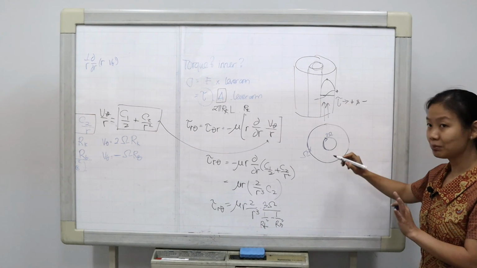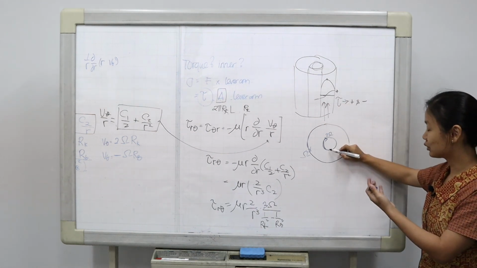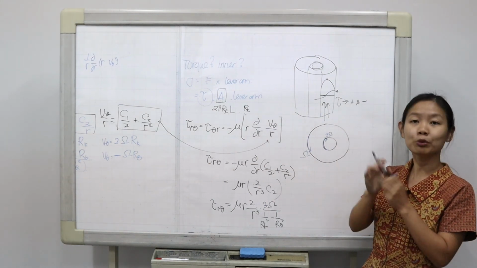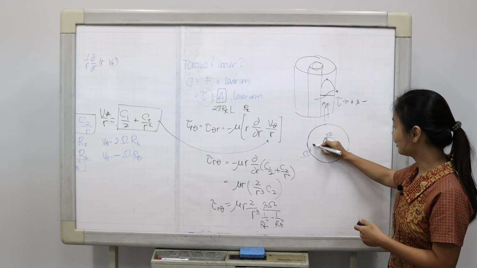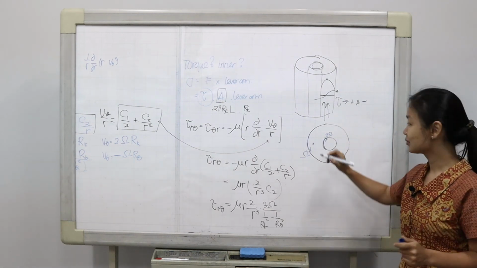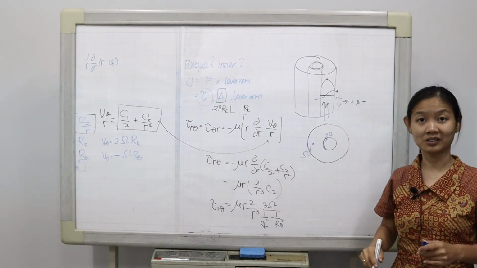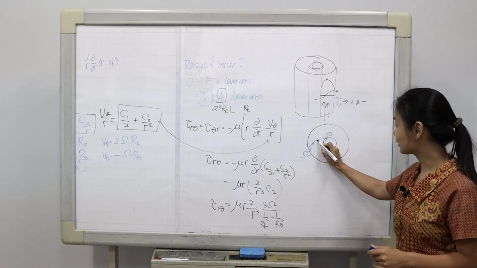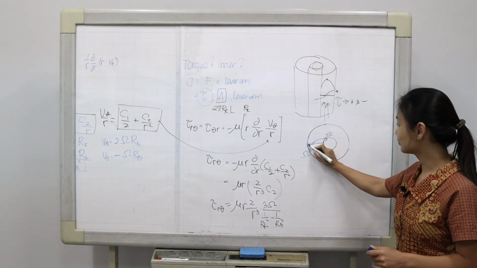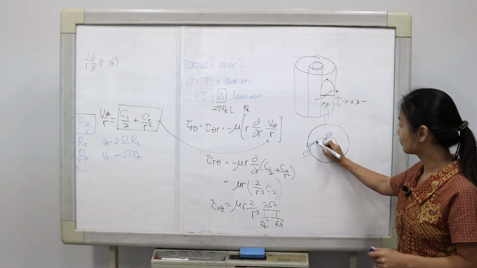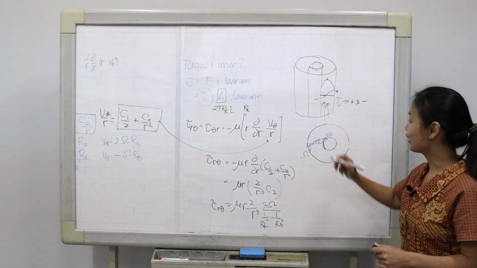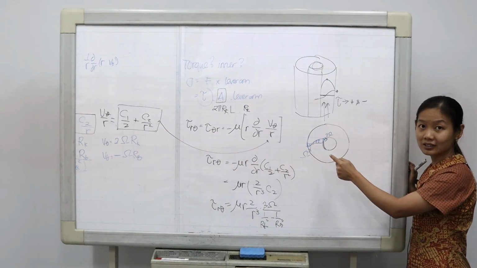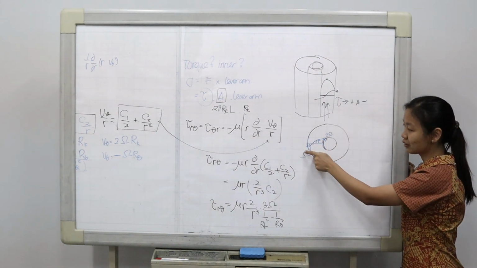Because the movements of the cylinders are in opposite directions, at some point over here, I don't know where, the velocity should be 0. So the velocity profile will look like this.